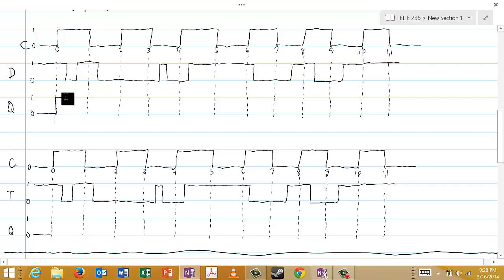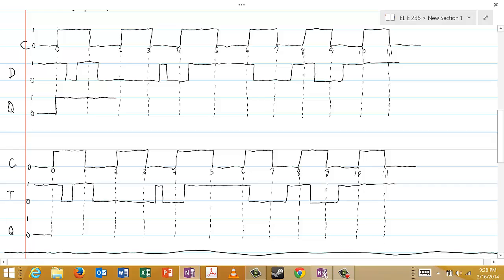We'll extend this from 0 to 1, and then flatten out that part of the curve. This reflects that the output goes from 0 to 1 at this first positive edge, and the reason for that is that at that first positive edge, D is equal to 1, and therefore the output will change to reflect that.